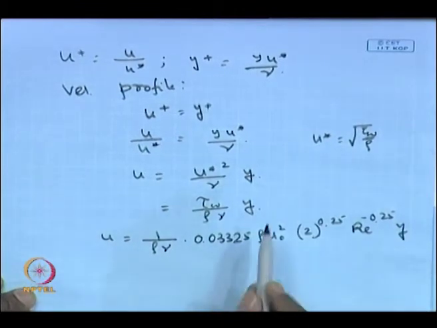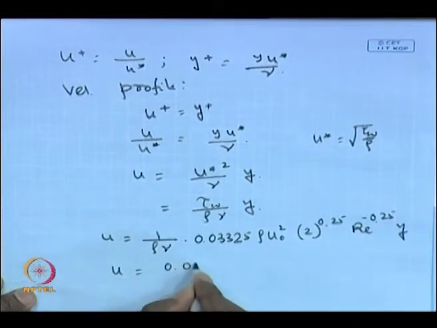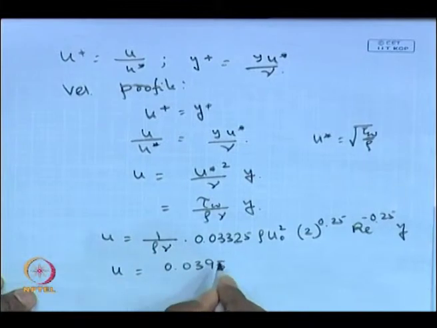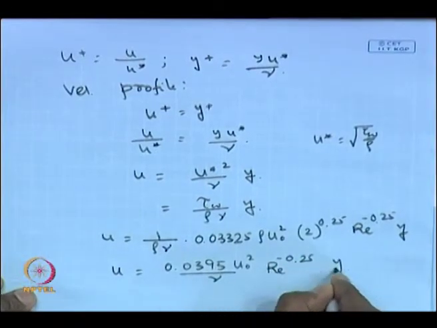Okay, you just put the earlier expression, and what you will be getting is that u is equal to 0.0395 u naught square divided by nu Reynolds raised to the power minus 0.25 times y.